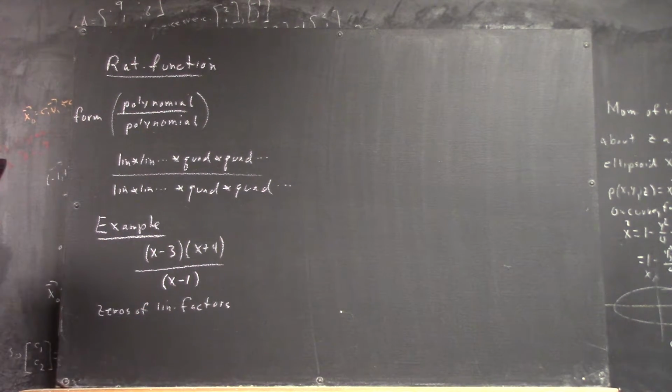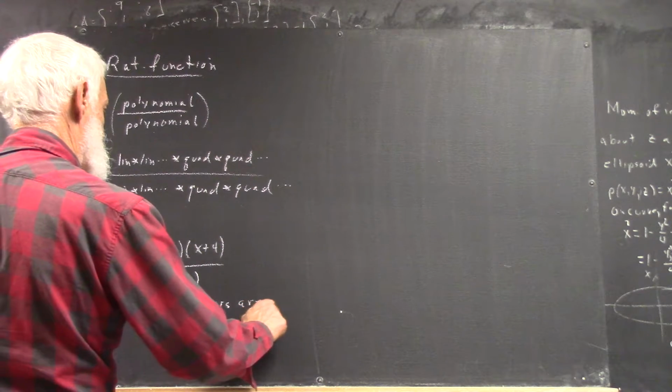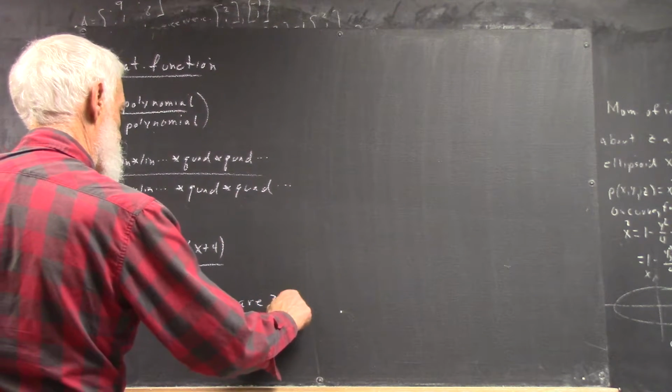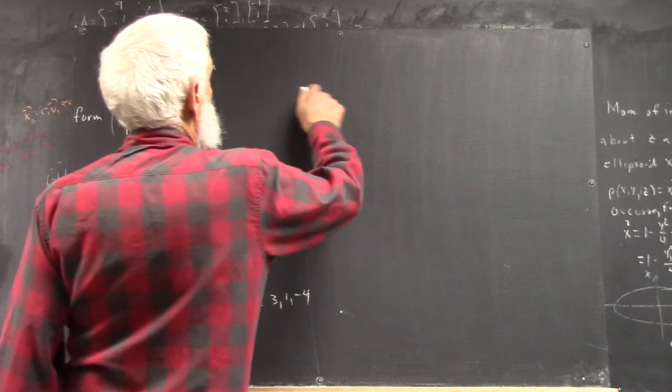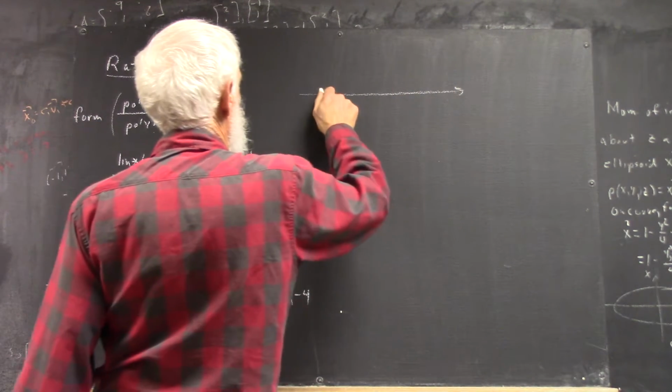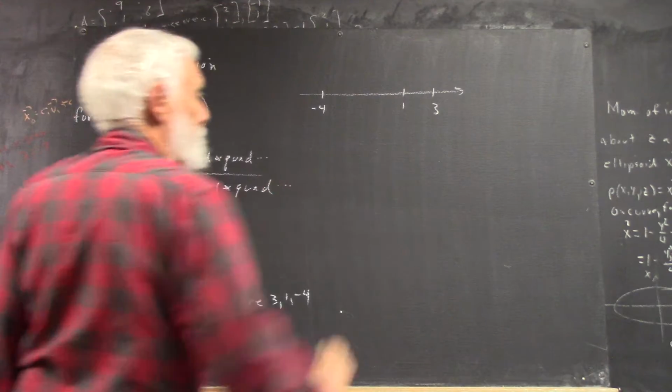So the zeros of our linear factors are 3, 1, and negative 4. So we can partition our axis. We've got negative 4, we've got 1, and we've got 3.